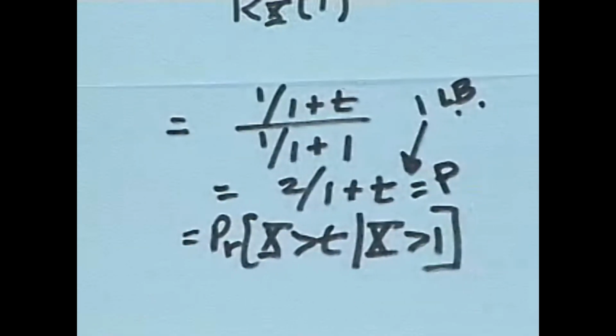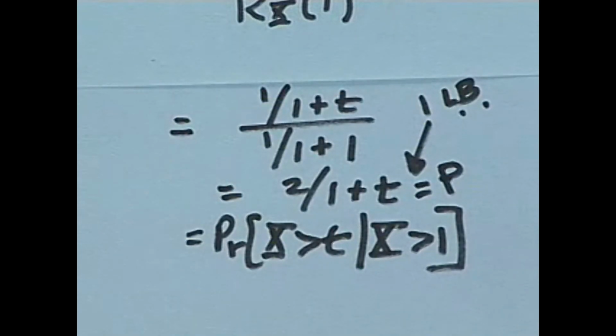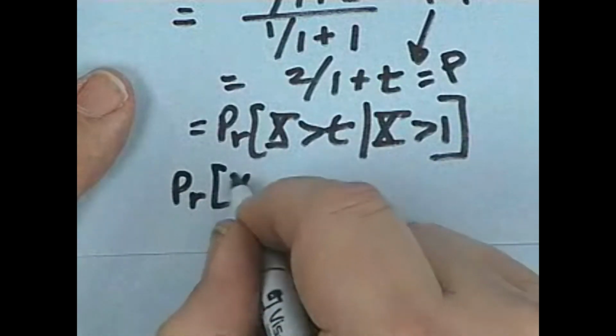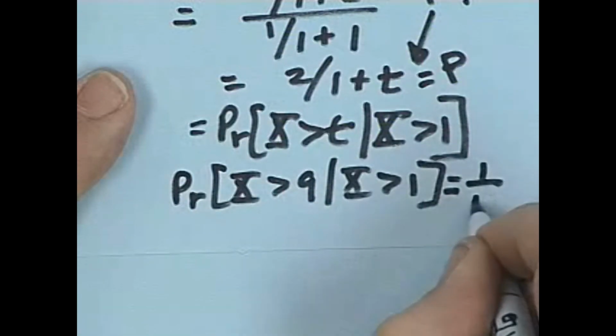Now, what we're asking ourselves is, what is the probability that at least one light bulb is still working at time t equal to 9? Well, the probability that x is greater than or equal to 9, given that x is greater than 1, is equal to 1/5, right?